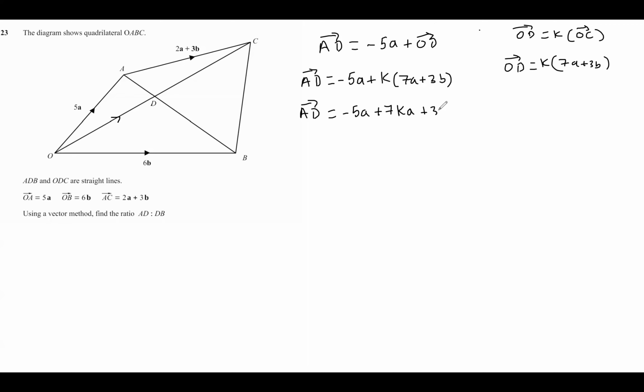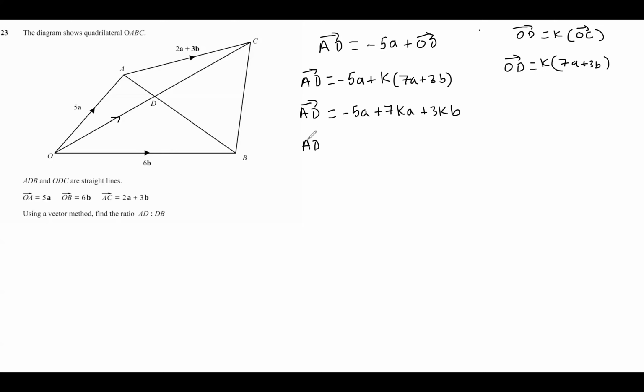plus 3kb. And notice here how I've written the k in front of the a because 7k is the coefficient of a and 3k is the coefficient of b. And if I want to make this even nicer, I can factor out the a to find the exact coefficient of a.